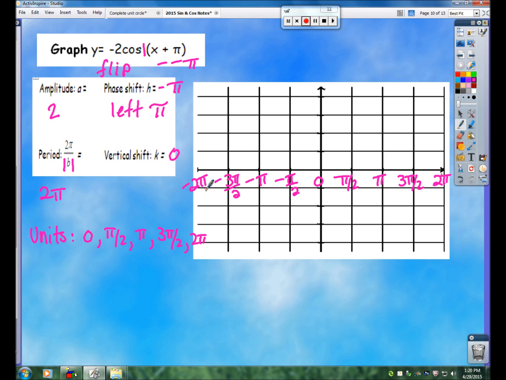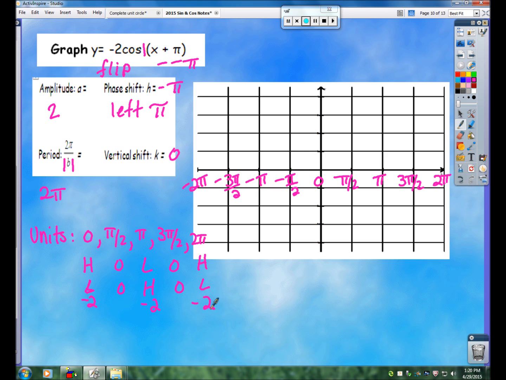Our pattern: this is cosine, so we're at high, 0, low, 0, high. But because it's been flipped, and I'm multiplying by 2, we're going to go low times negative times 2, or negative 2, 0, high times negative 2, 0, and then low times negative 2, because it's been flipped.